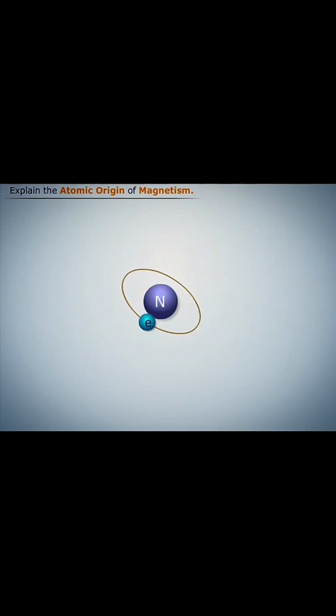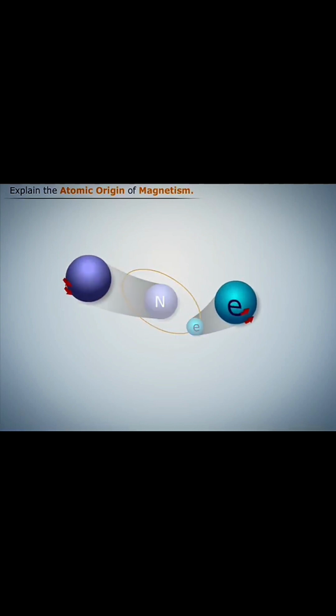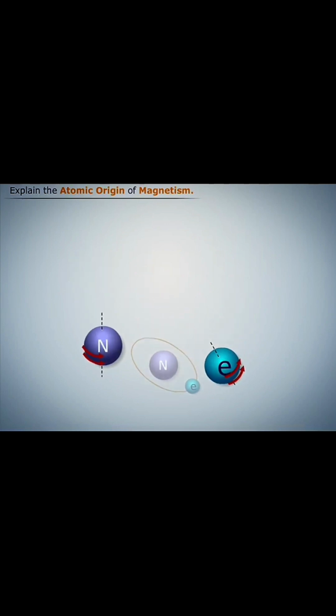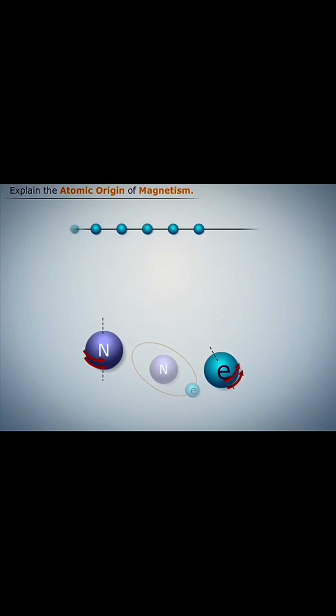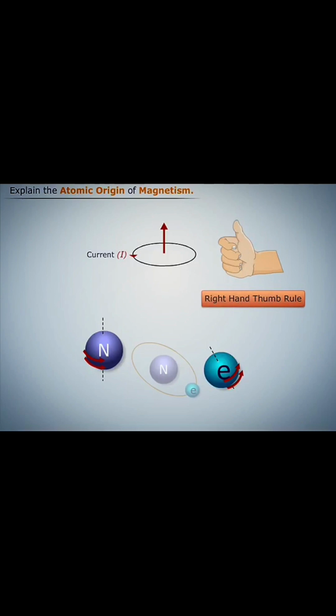We know that an atom consists of a nucleus, surrounded by electrons that revolve around it. And the electrons and nucleus also rotate about their own axis. We also know that the flow of charge indicates the flow of current. And when a current flows through a circular coil, a magnetic moment gets induced in the coil in the direction given by the right-hand thumb rule.